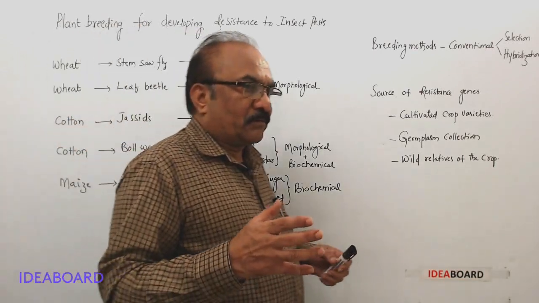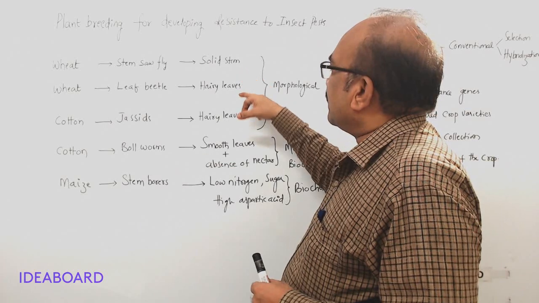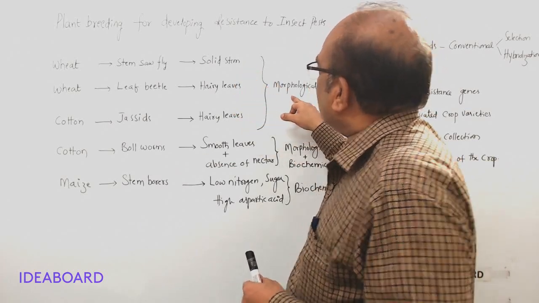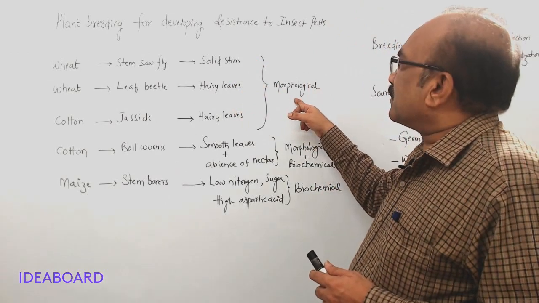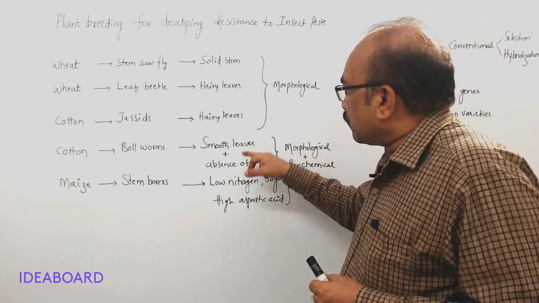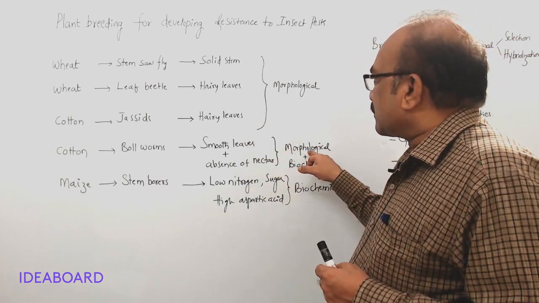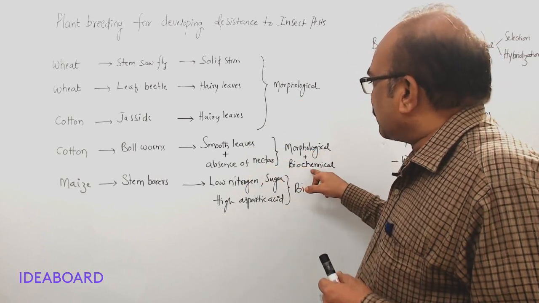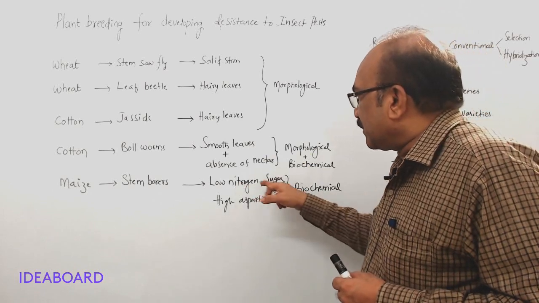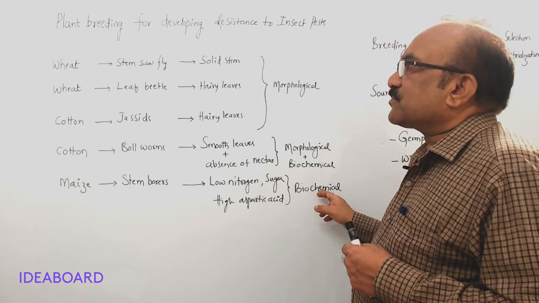So this is what the scientists have observed, and we can say that solid stem and hairy leaves are morphological characters which are under the control of genes. Smooth leaf is a morphological character, and the absence of nectar is a biochemical character. Low nitrogen, low sugar and high aspartic acid are biochemical characters.